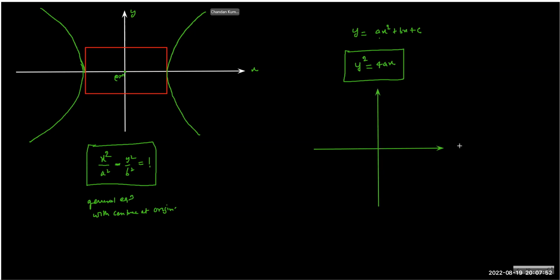It is again a parabola, but instead of concave up or concave down, it will be concave right or concave left. So this graph, in which y is squared instead of x, will be opening towards the x-axis, something like this.